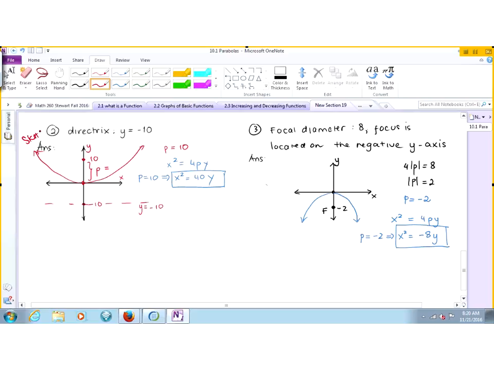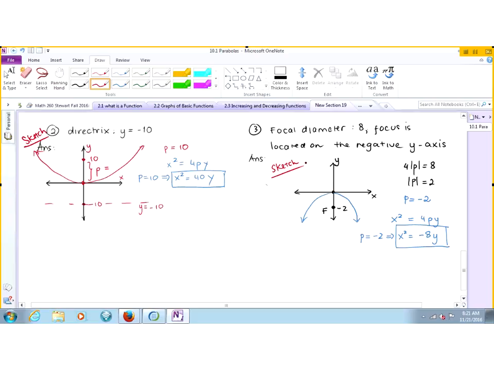So what is again important? The sketch, right? Even if the problem doesn't tell you to sketch, you have to sketch it, because it's important. You've got to know whether P is positive or negative, and whether it is x squared or y squared.